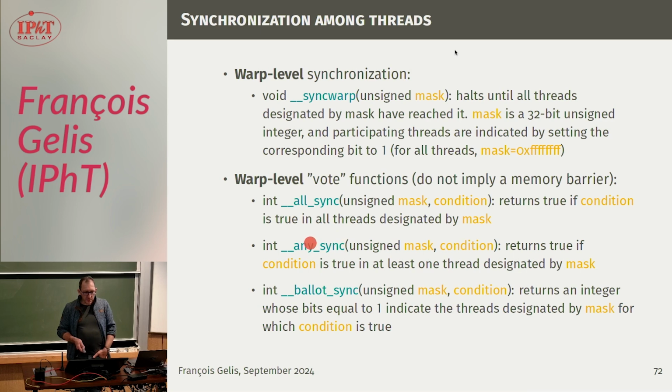There is one which is any sync, so it checks whether the condition is true in at least one thread. And then there is one which is called ballot sync. It doesn't count; it returns an integer whose bits are 1 if the corresponding thread had the condition true. So this is for doing more fine-grained tests of what happens in each thread.